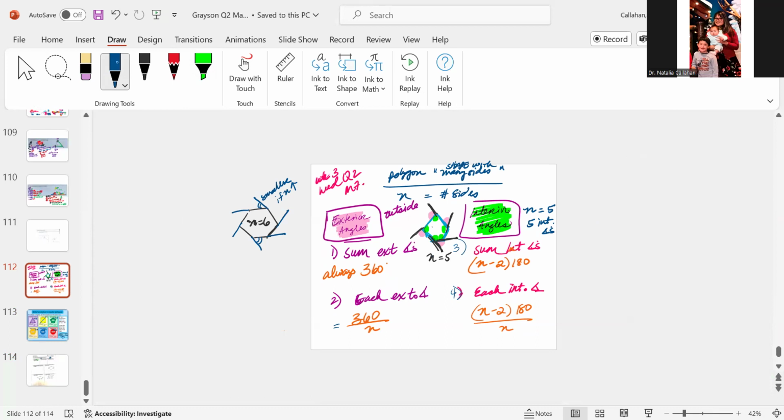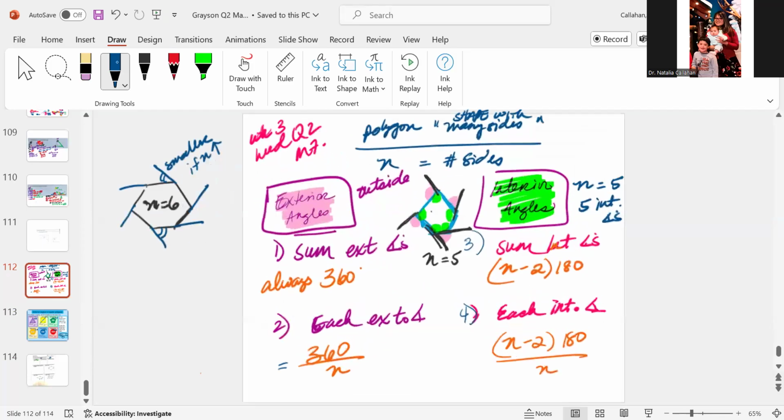You want to keep that open because you're going to need it. You need to highlight this exactly how I highlighted this. One color for the exterior, one color for the interior.